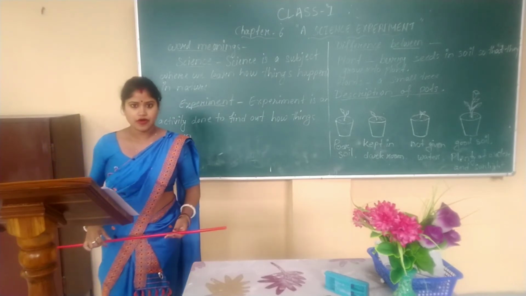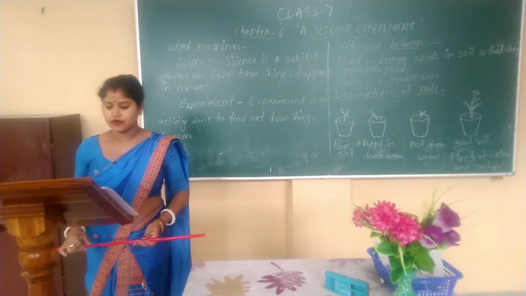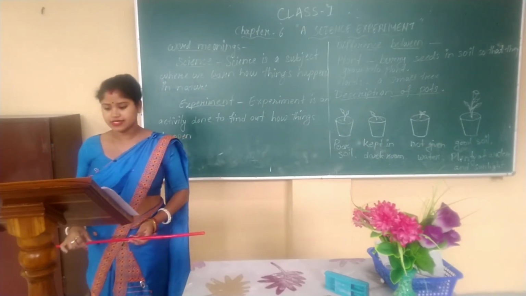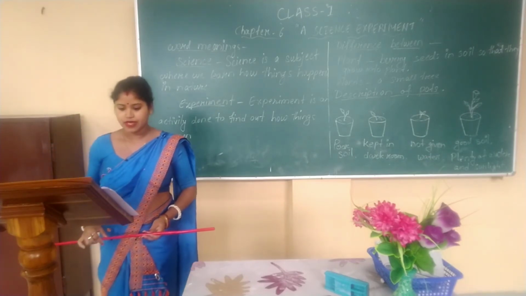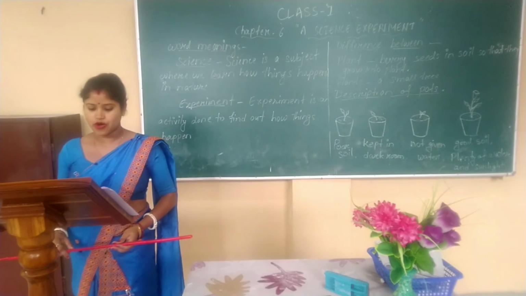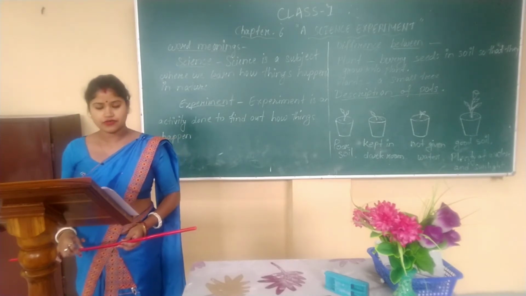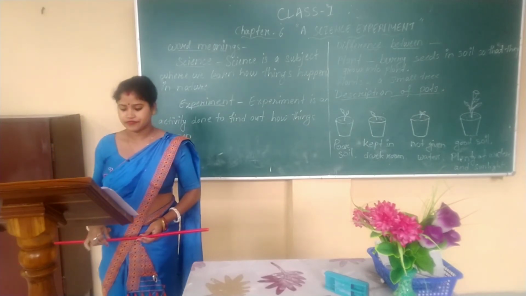In the second pot it was written, pot kept in a dark room for some days. In the third pot, it was written, not given water for few days. And in the fourth pot, it was written that seeds had good soil, plenty of sunlight and water.